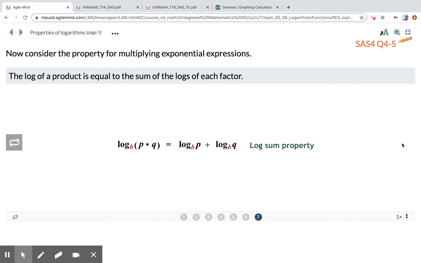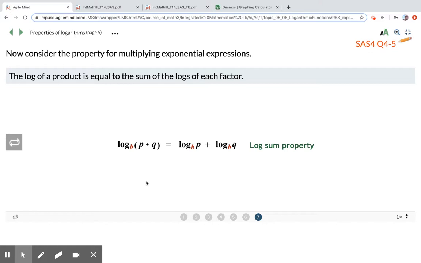And if you're writing this down for question 5, which I hope you are, it doesn't leave a lot of space, but make a little note there of what we call the log sum property. Now, please notice, in order for me to be able to rewrite them as a sum, the two pieces of my argument have to be multiplied together, all right?